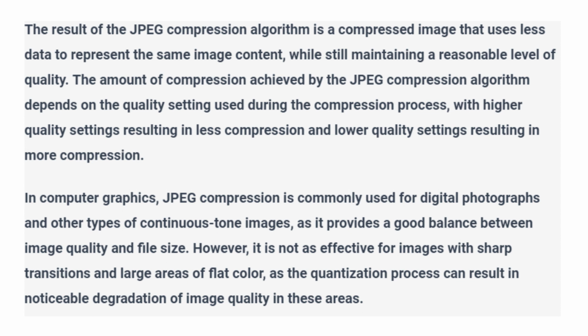In computer graphics, JPG compression is commonly used for digital photographs and other types of continuous tone images, as it provides a good balance between image quality and file size. However, it is not as effective for images with sharp transitions and large areas of flat color, as the quantization process can result in noticeable degradation of image quality in these areas.